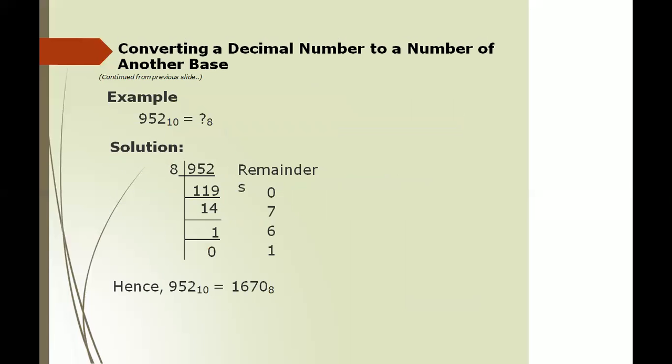Here we have an example to convert a decimal number to another base, that is, to octal. We want to convert this value to the octal system, that's why we divide the value, 952, by 8, and here we get 119 as the result, and the remainder is 0.